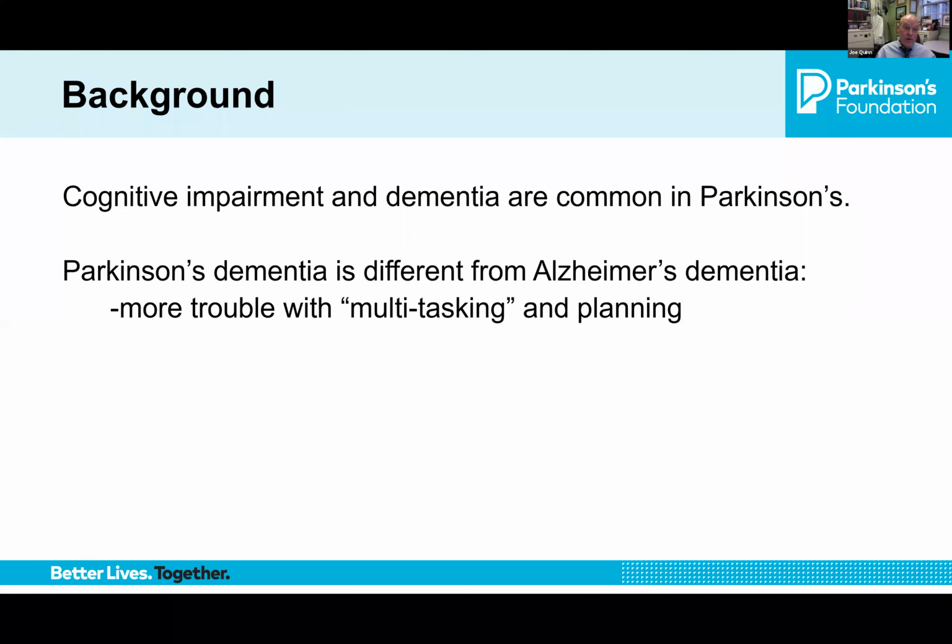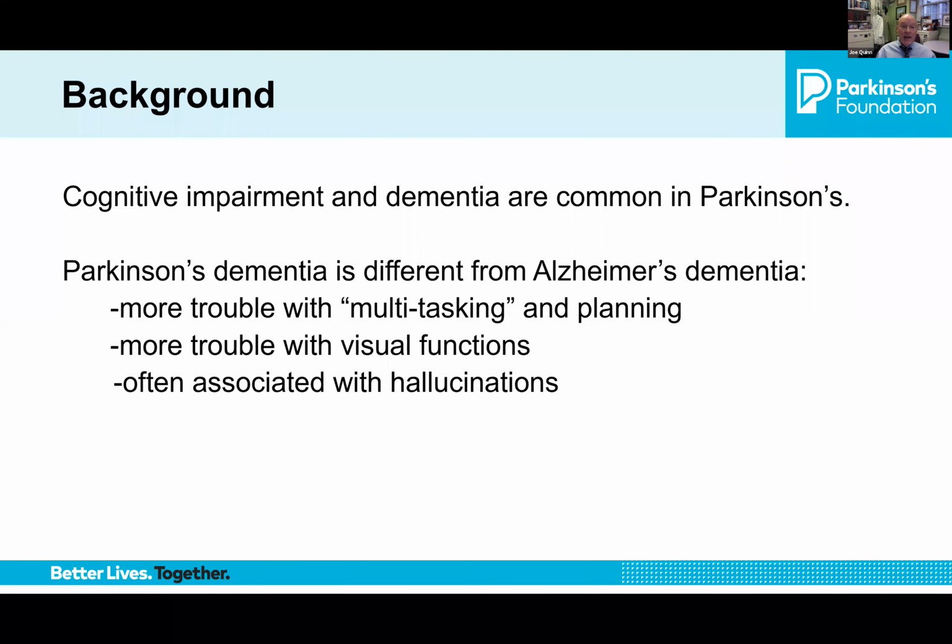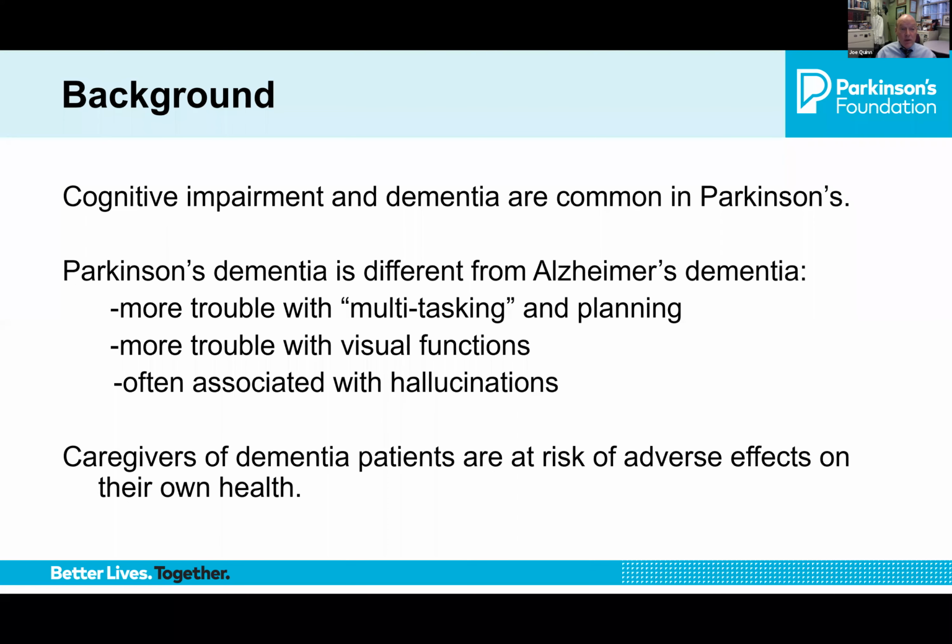Also, in contrast with the memory disorder in Alzheimer's disease, people in Parkinson's have more trouble with visual functions. And the dementia in Parkinson's disease is often associated with hallucinations. And I don't want to give you the wrong idea that there's an equivalence between hallucinations and dementia. You can have hallucinations without dementia, you can have dementia without hallucinations. But it is true that in Parkinson's dementia, in contrast to some of these other things like Alzheimer's disease, hallucinations are a relatively common feature.